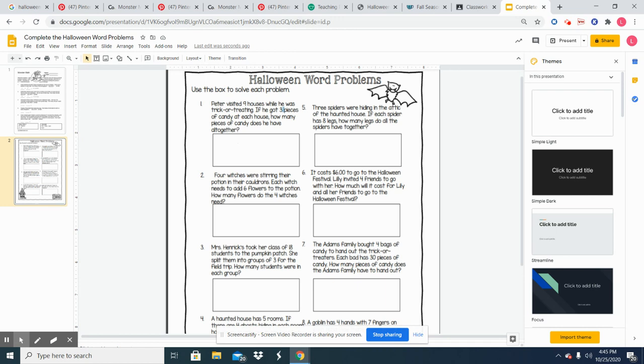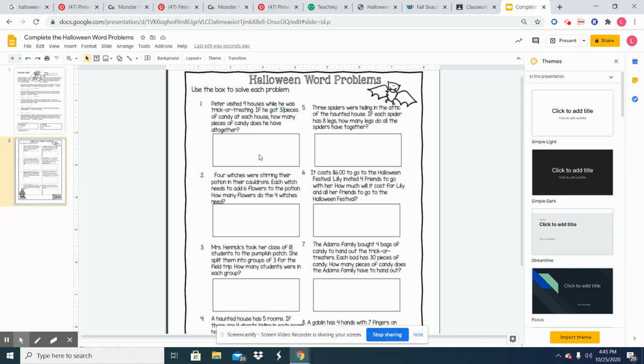But for today, 9 times 3 is the same as repeated addition, adding 9 3 times. We know 9 plus 9 is 18, so adding another 9 would be 27.